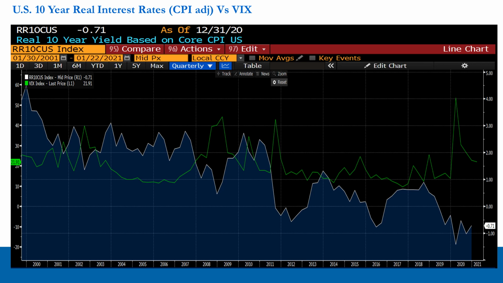This suppresses short-term rates in the market, and essentially the Fed was managing real interest rates to be below 1% and even negative at times. What is that doing? Well, it's increasing liquidity in the financial markets and therefore reducing volatility.